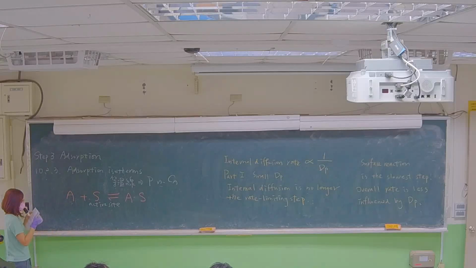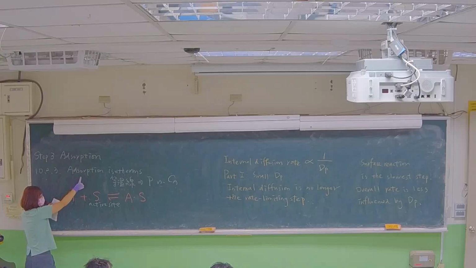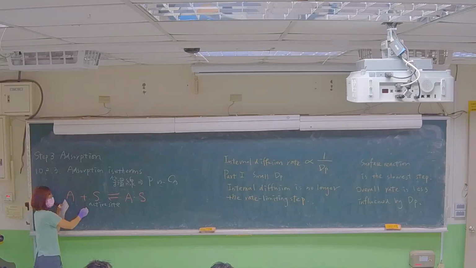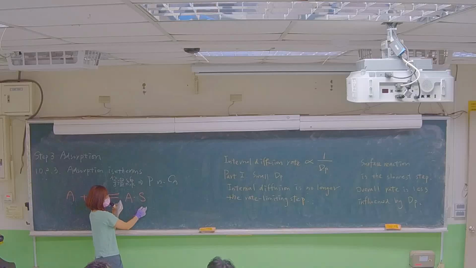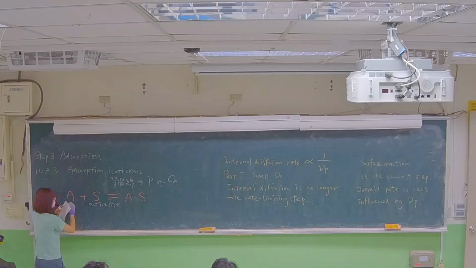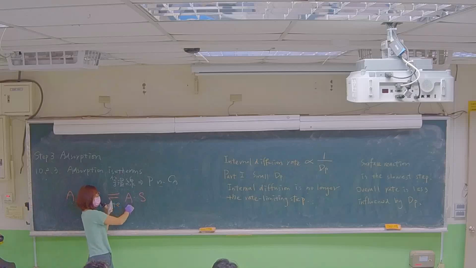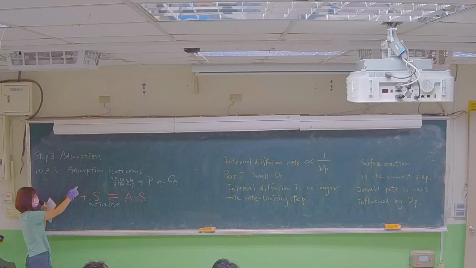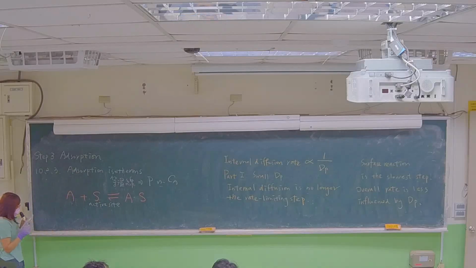So for the adsorption process, adsorption step, reactant A and the active site combine to be A dot S. So for the attachment of A on S, we use this one. Okay, A dot S means A is attached. A is adsorbed on the active site.